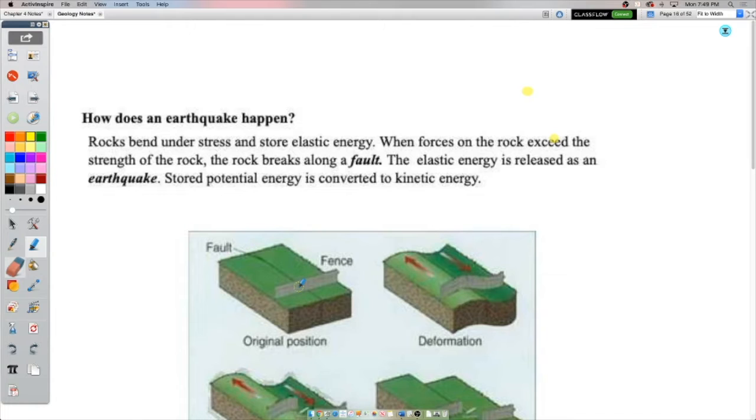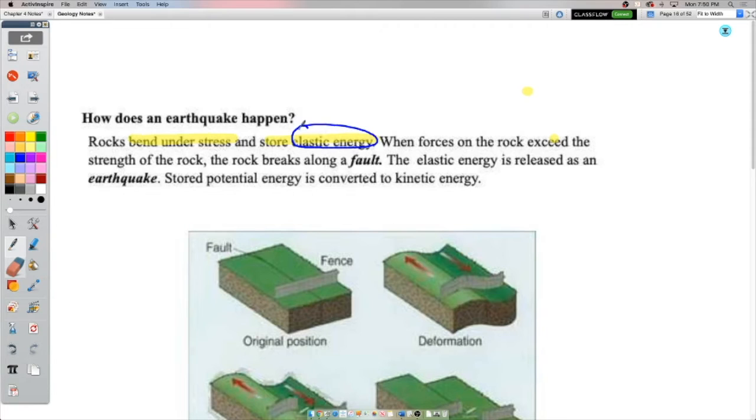Even though they are rocks, they are able to bend a bit. They can bend under stress. A big enough slab of rock just gets bent under stress. It starts to store what we call elastic energy. You might remember from Science 10, you've seen a different type of energy that's like elastic energy. It was potential energy. Elastic energy is actually also a form of potential energy.